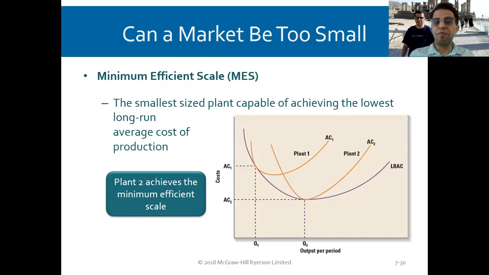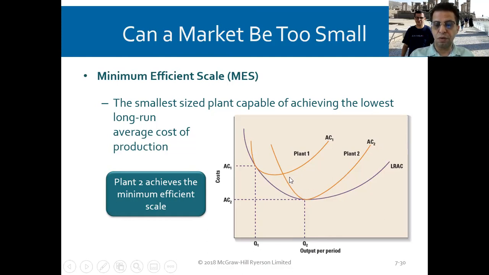Now the question: can a market be too small? Where is the MES, or minimum efficient scale? It is the smallest size plant capable of achieving the lowest long run average cost of production. If you notice here, plant 2 achieves the minimum efficient scale because it can produce at this Q2.